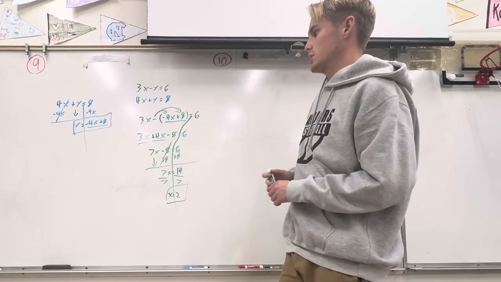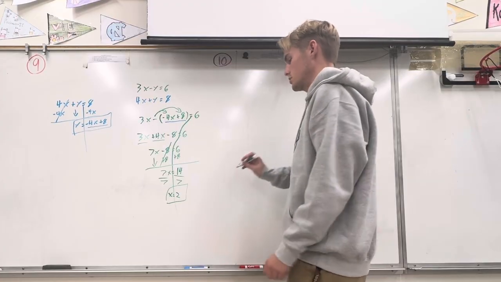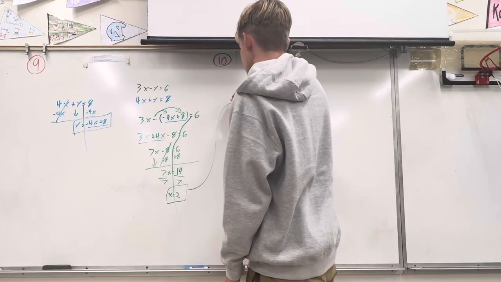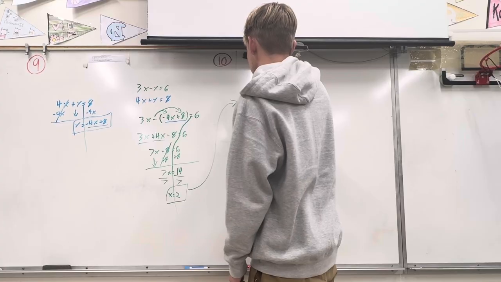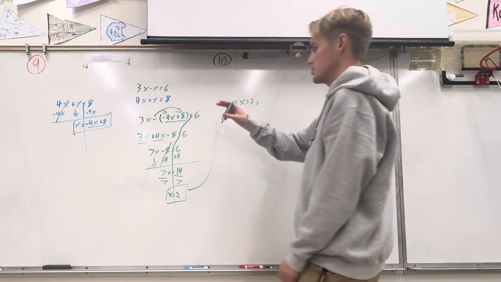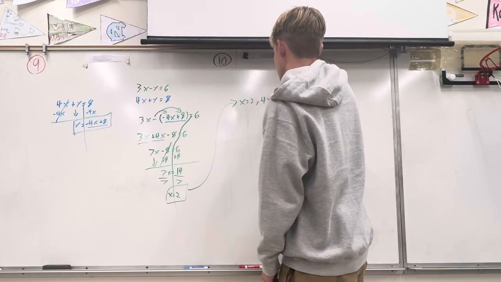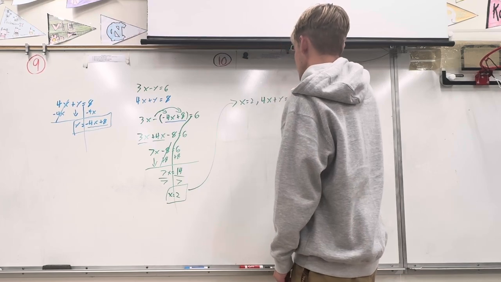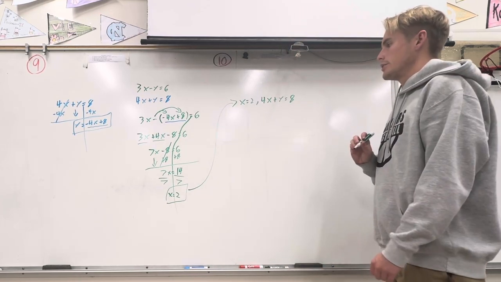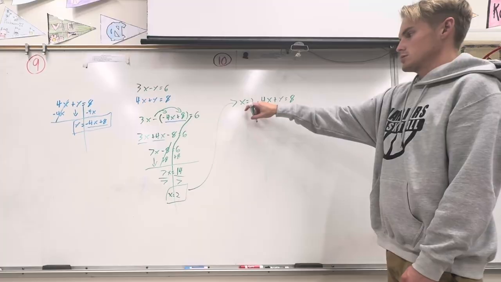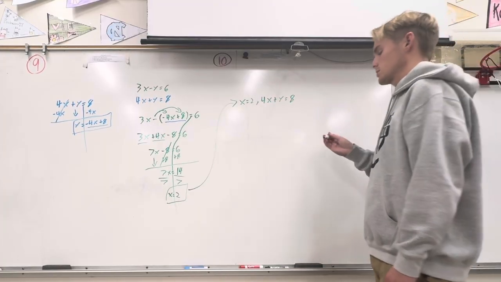I'll use the bottom one in this case. So now we use x equals 2. And we're using the equation 4x plus y equals 8. So we're just replacing x with 2. Since we found the x equals 2, we're just replacing it with 2.